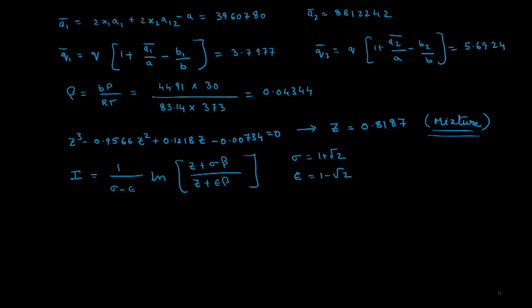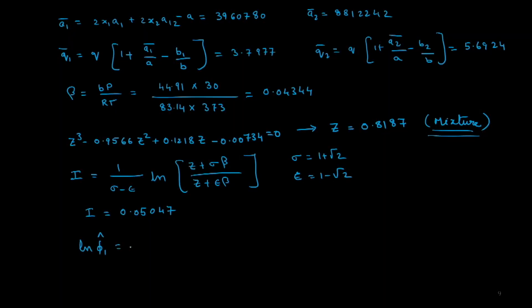I have the value of Z, I have the value of beta, so I can plug all those numbers in to get a value for I, which turns out to be 0.05047 in this case.